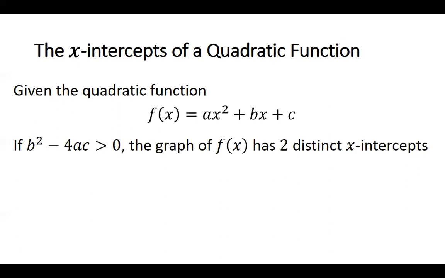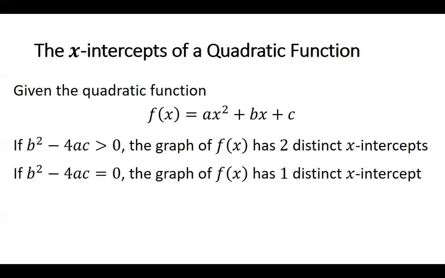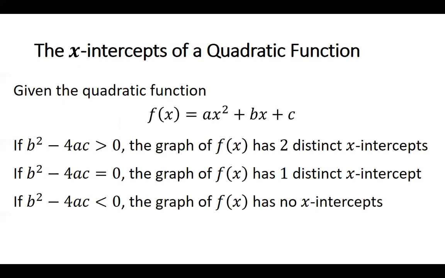If b squared minus 4ac is equal to 0, then the graph has one distinct x-intercept, because you're going to be plus or minus 0, so it gives you the same thing. And that x-intercept is going to be the vertex. And if b squared minus 4ac is less than 0, or negative, the graph has no x-intercepts, so it doesn't cross the x-axis.